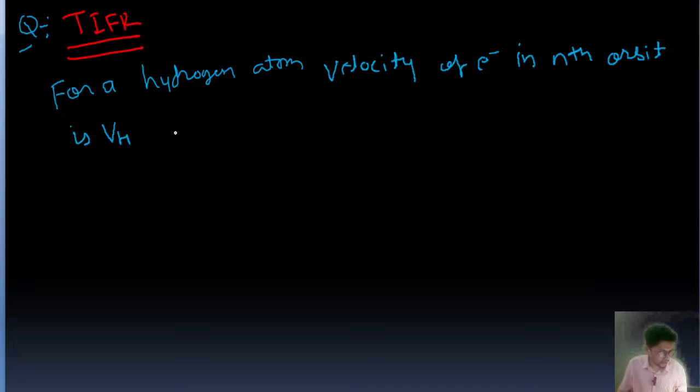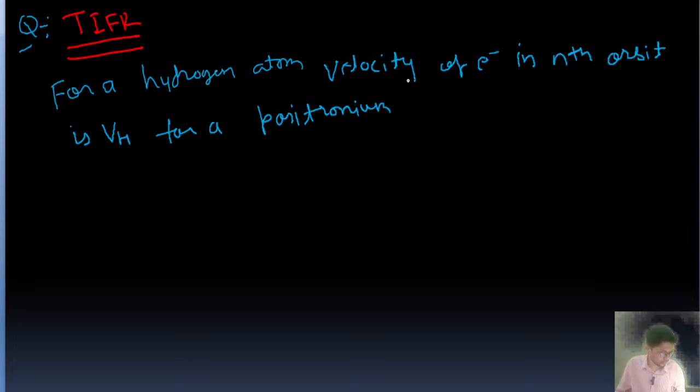For a positonium, which means it is made of electron and positron, okay? Electron is moving around the positron, okay?